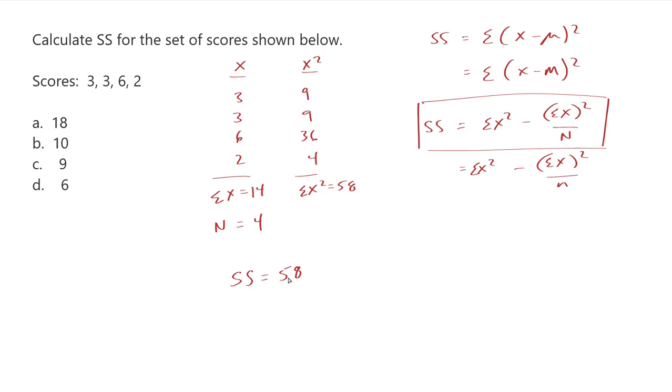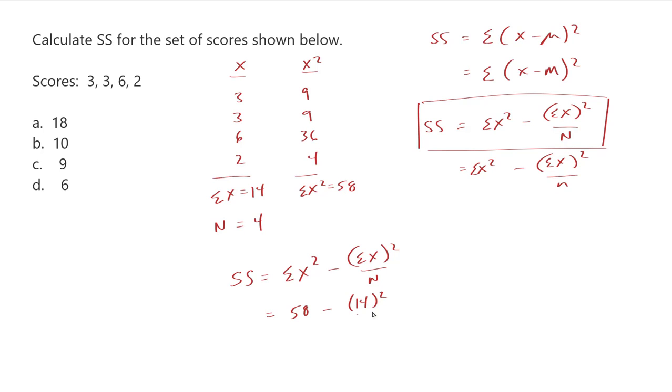So that's 58. Actually, let me write out the formula just to make sure that you can see exactly what it is I'm doing here. So this is 58 minus the sum of x in brackets squared.